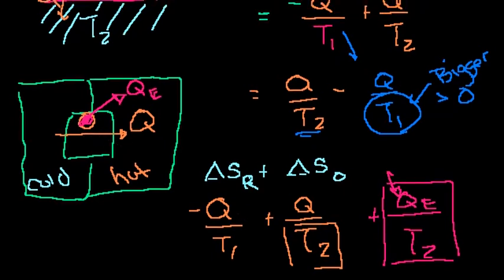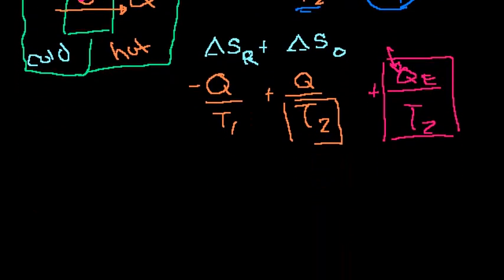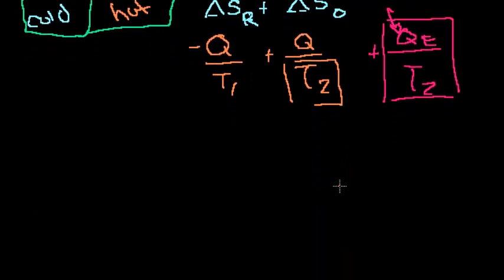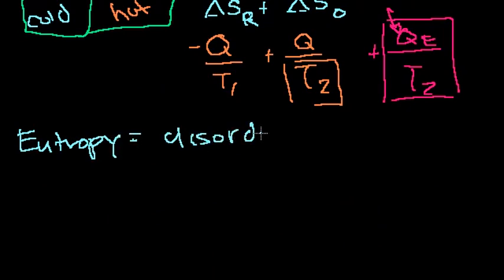Now, let's think a little bit about what entropy is and what entropy isn't in terms of words. So when you take an intro chemistry class, the teacher often says entropy equals disorder, which is not incorrect. It is disorder, but you have to be very careful what we mean by disorder.